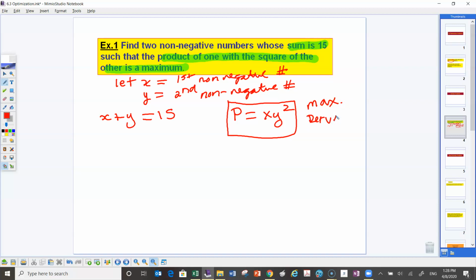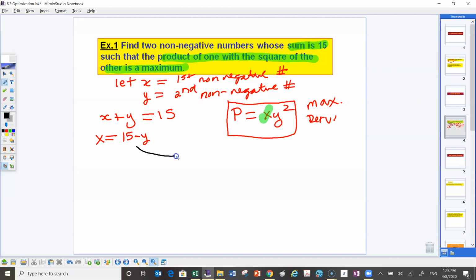So therefore, this is the one that eventually I'm going to have to take the derivative of. The problem is, I have two variables in this product, and I want to get it in terms of one variable. So I'm going to go to my first equation, and the easiest variable to get by itself is x. So I'm going to isolate x and say x is equal to 15 minus y.